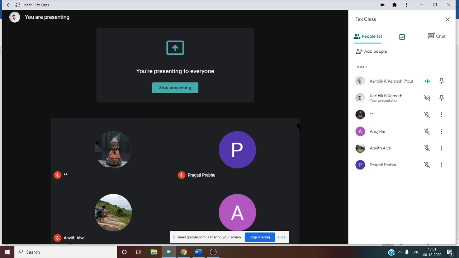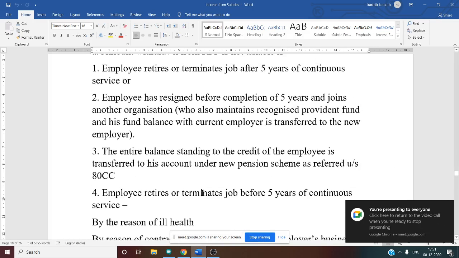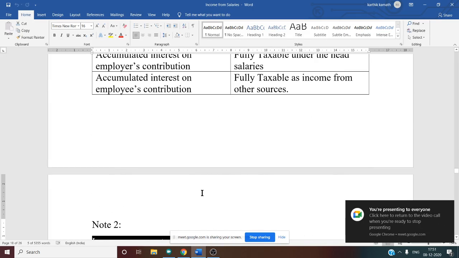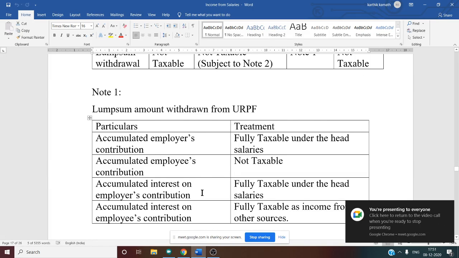See, these rules you have to go through once again, because everything is not important from the point of view of examination, but it is better to know each and everything, isn't it?